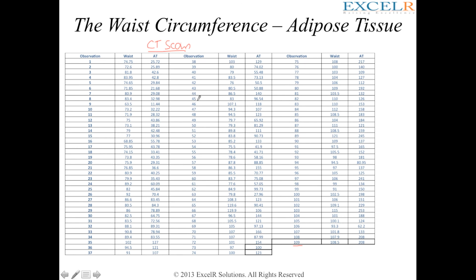Given this data, it's extremely clear that you want to predict the adipose tissue, which is the output variable of interest. And we have waist circumference, which is the input variable of interest. Now, using this historical data, we need to build a prediction model.